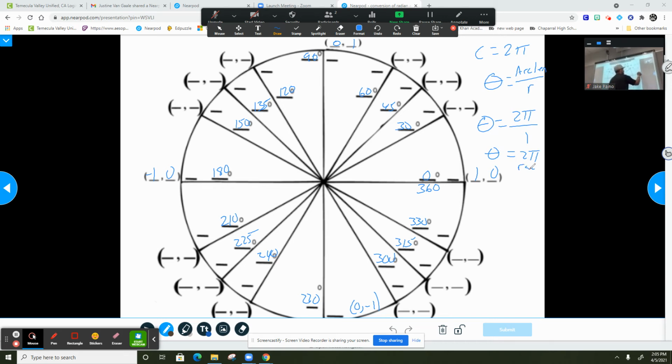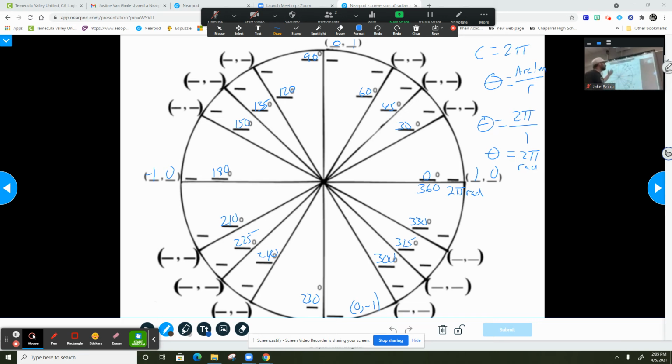So right here, 360 degrees is the same as 2 pi radians. And you don't have to write rad every time. We know that it's going to be in radians, so you can just write 2 pi right here, but you abbreviate it rad when you're writing it out.